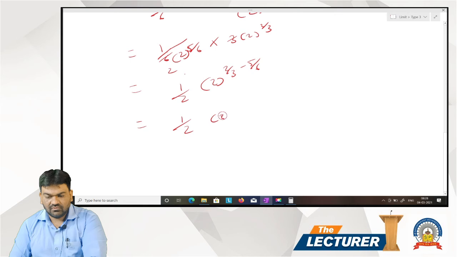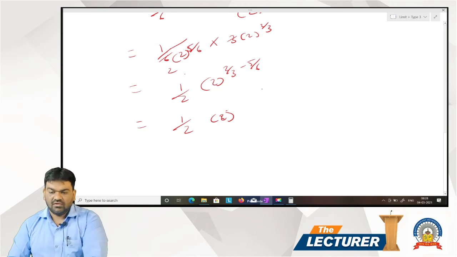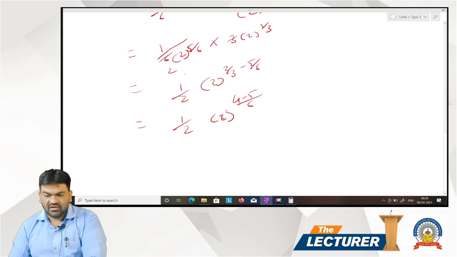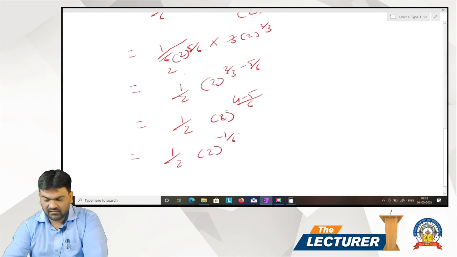That is 1 by 2, 2 raised to (12 minus 15) divided by 18. Since it is 6, we multiply by 2: 4 minus 5 by 6. Taking the LCM 6, we get 1 by 2, 2 raised to minus 1 by 6.